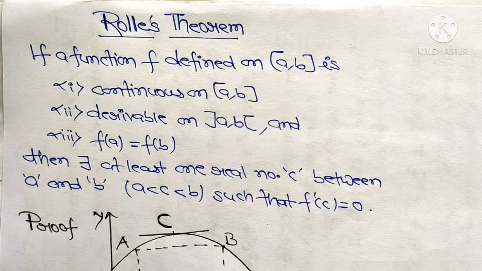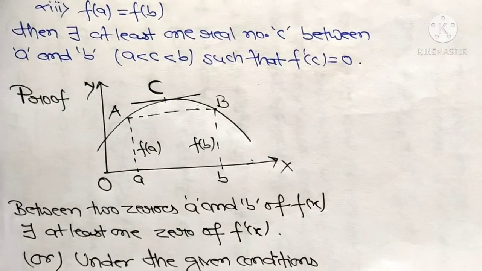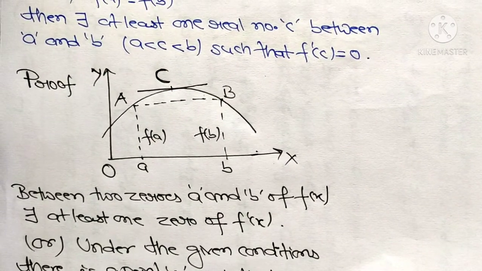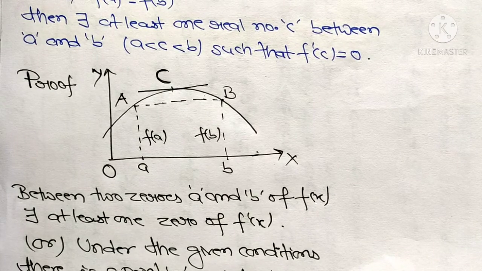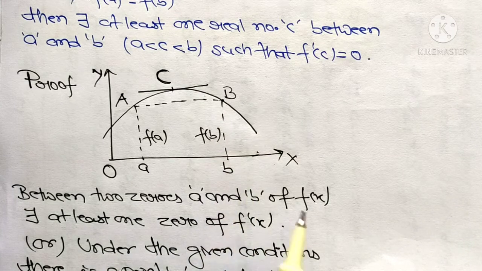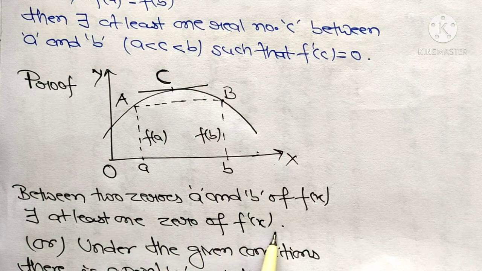So I am going to explain the statement by using the graph. Here is the graph of the statement. Basically, the theorem wants to say that between two zeros, that is a and b, of the function f(x), there exists at least one zero of f'(x).